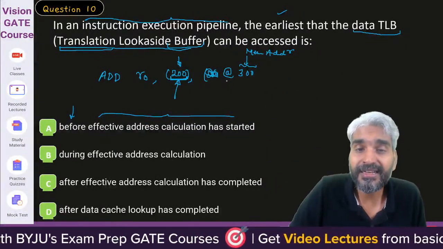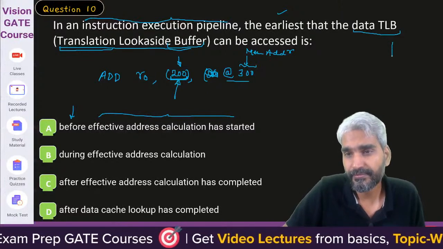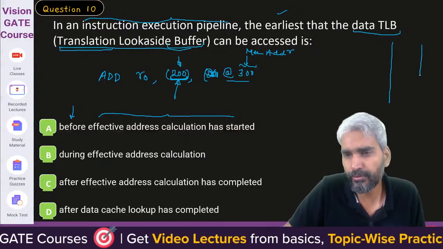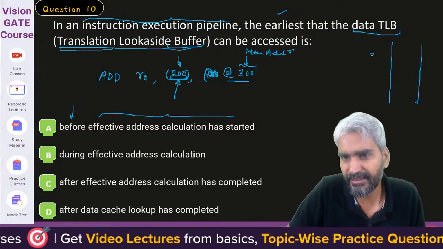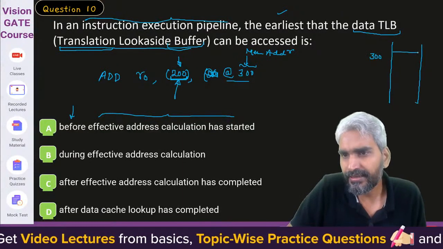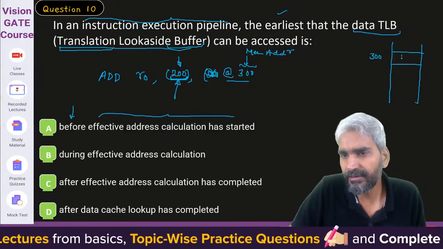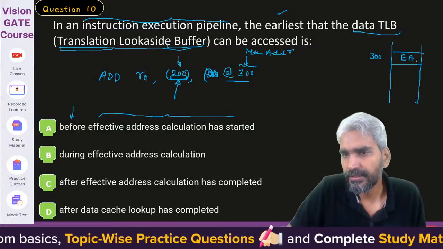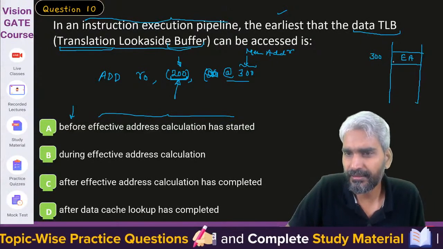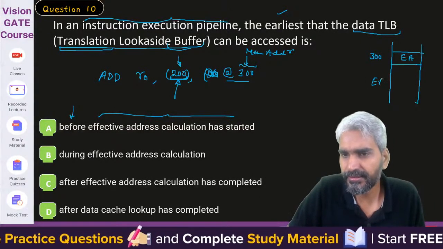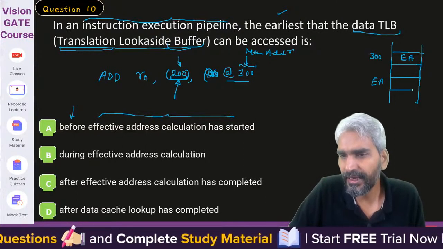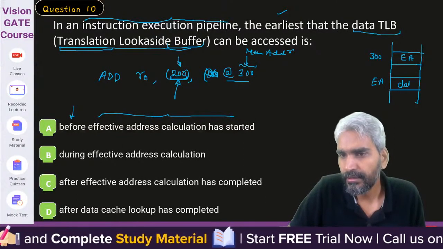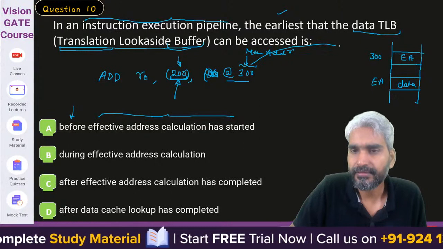But this is an indirect address, so there will be multiple addresses. There will be an address 300. At address 300, you will get the effective address, and at that effective address, you will get the data. This is indirect.